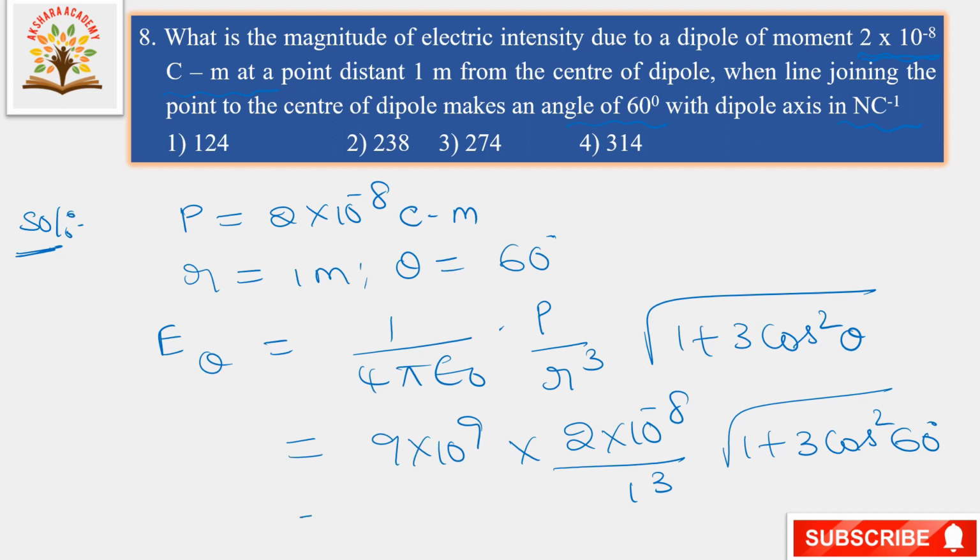So that is equal to 18 into 10 root of 1 plus 3 into 1 by 4. Cos 60 is equal to 1 by 2, so cos square is nothing but 1 by 4.